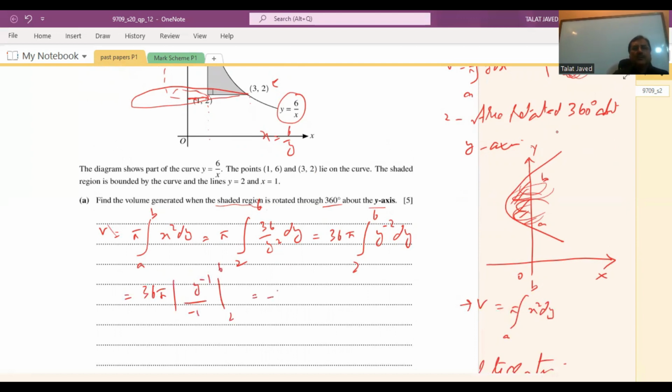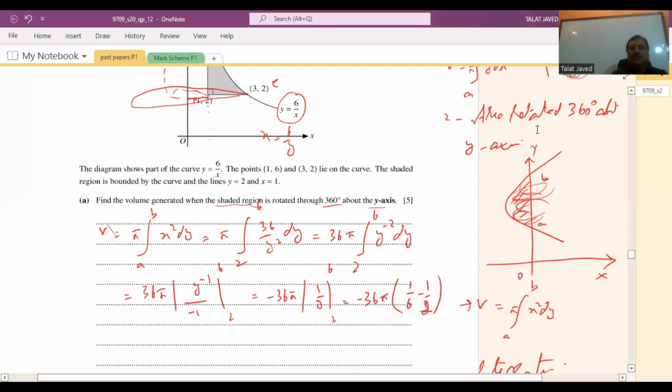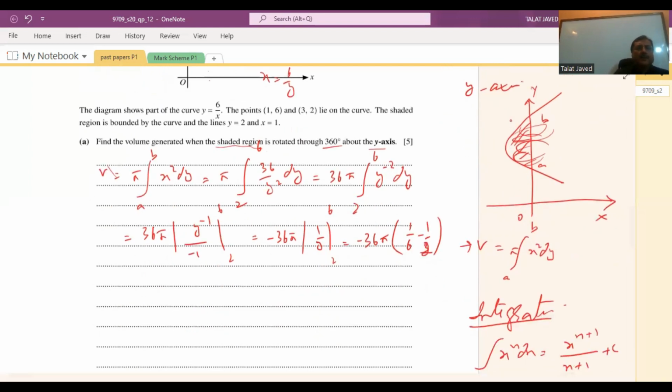This equals minus 36 pi times 1 over y, with upper limit 6 minus lower limit 2: minus 36 pi times (1 over 6 minus 1 over 2). Using your calculator, the volume is 12 pi.